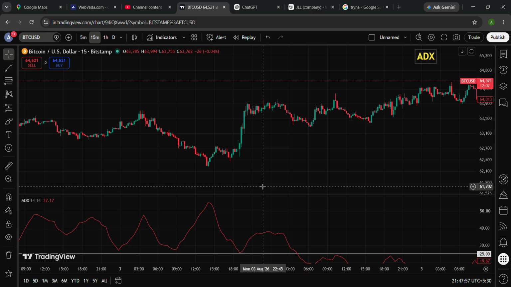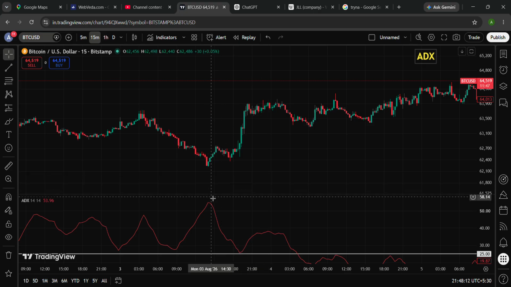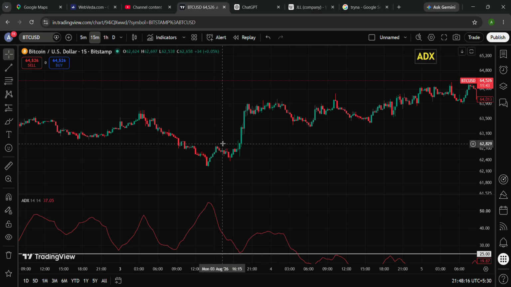If the ADX is moving above 25, it is a strong trend. And if you see continuous losses, this is the position where we should not get involved in the trade.